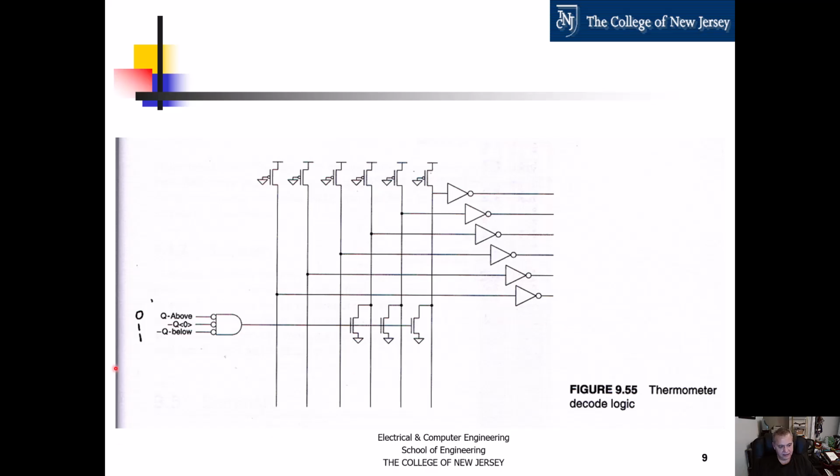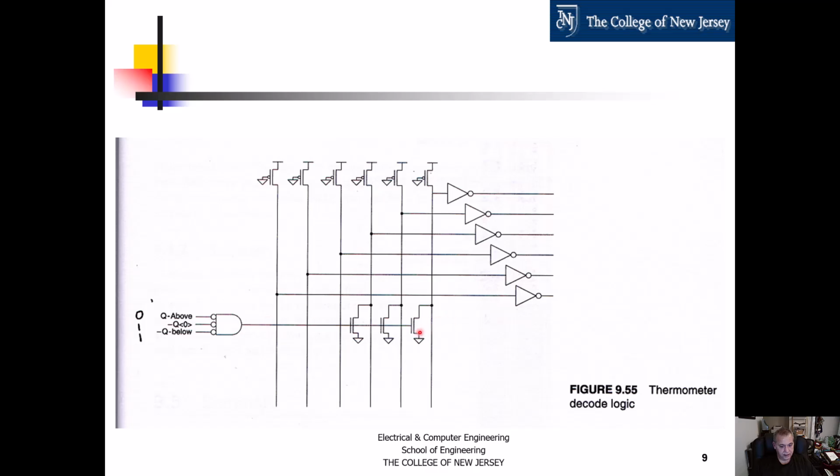So let's say that the digital logic is such, like so here, okay? So we're going to have 110. That means that Q naught is going to be 0. Q naught is going to be 0, and Q here is going to be 0. So we get a 1 here. We get a 1 here.